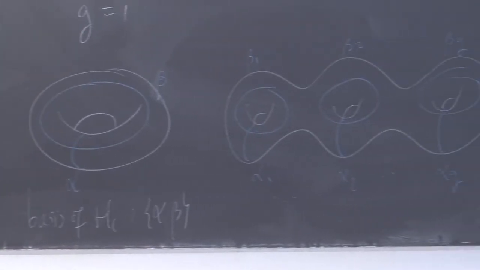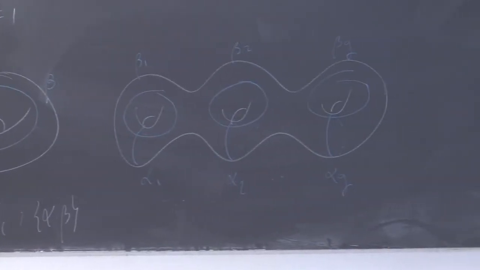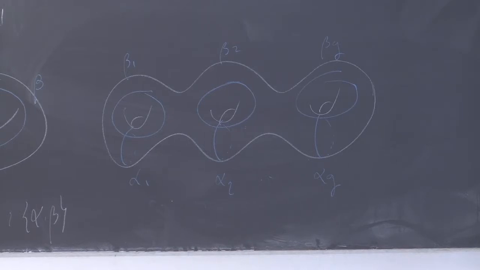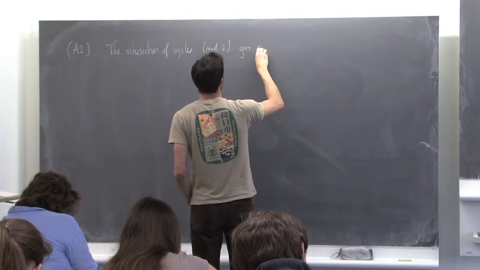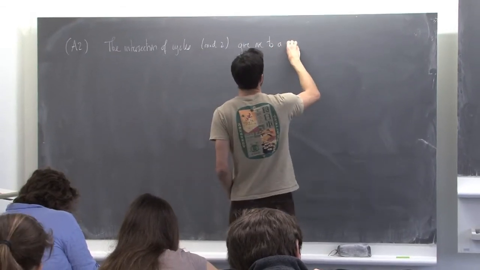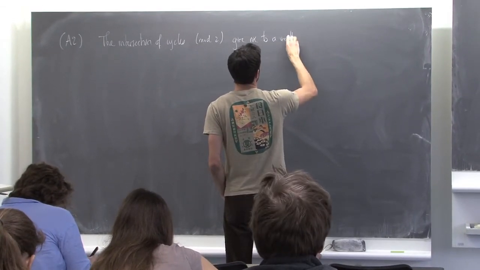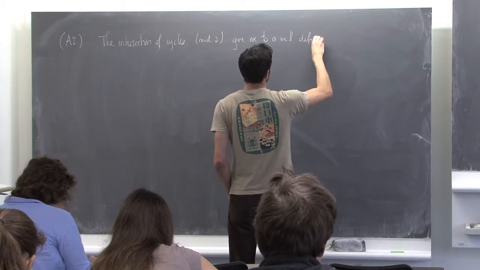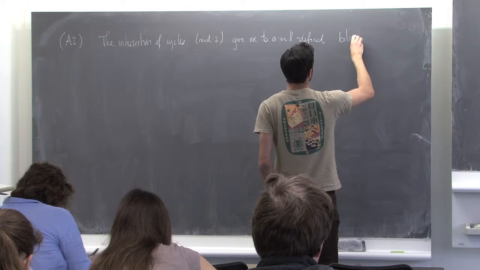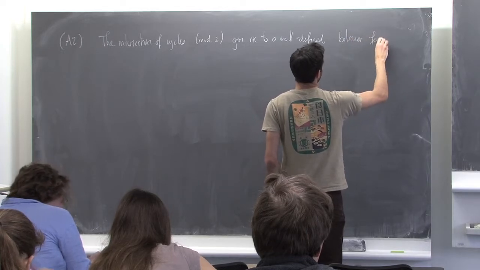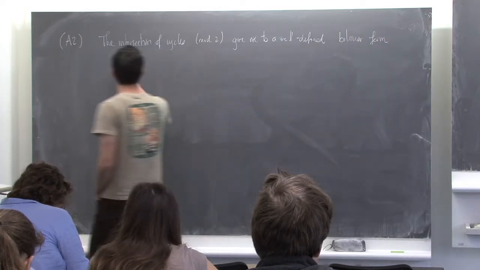The intersection form, the intersection of cycles, let's say modulo 2, gives rise to a well-defined bilinear form, which of course we call the intersection form, on H1.